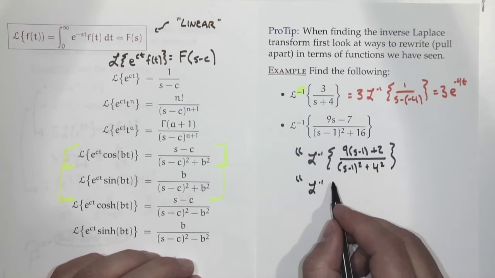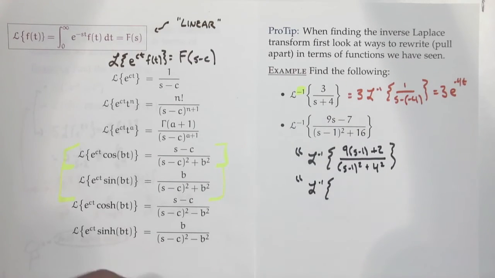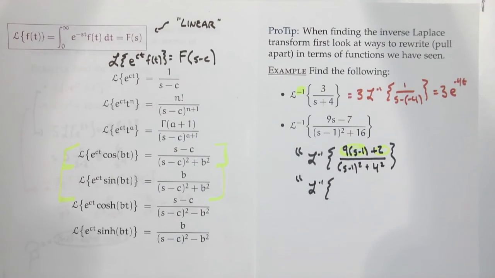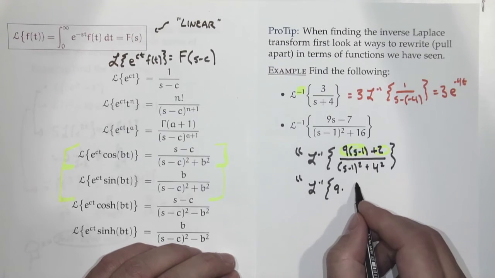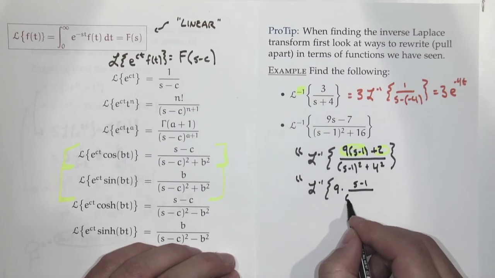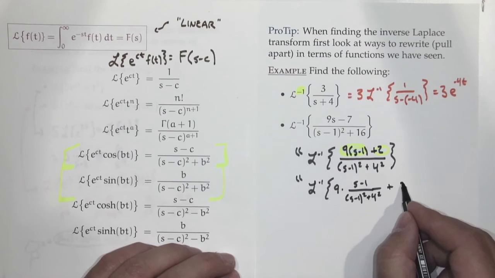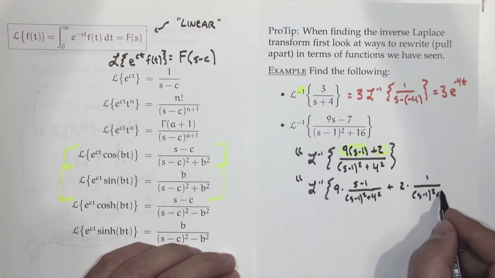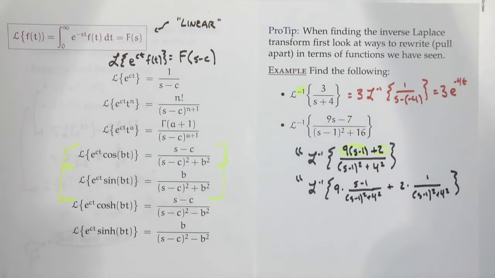Okay, so inverse Laplace. I'm just going to pull it apart. I'm going to separate it upstairs, so I'll have one piece and then another piece. The first piece will be, I'll pull out the 9 in front, s minus 1 over s minus 1 squared plus 4 squared. And then the second piece will be 2 times 1 over s minus 1 squared plus 4 squared. All right, are we ready to write the answer down?